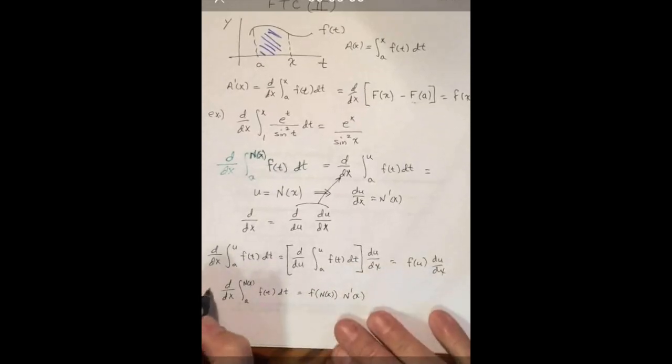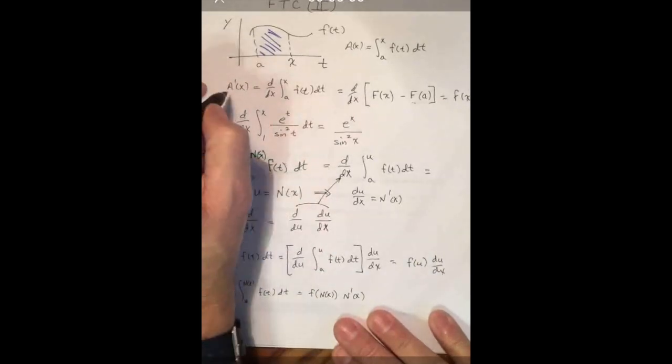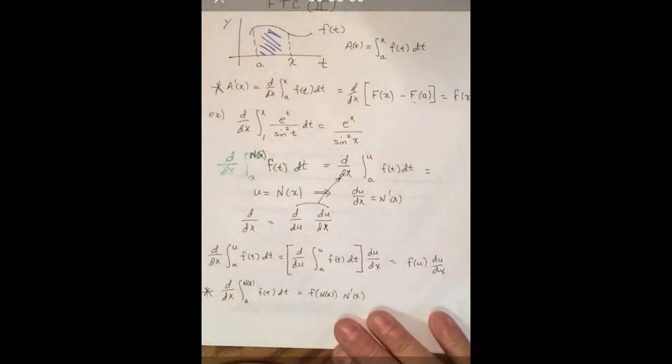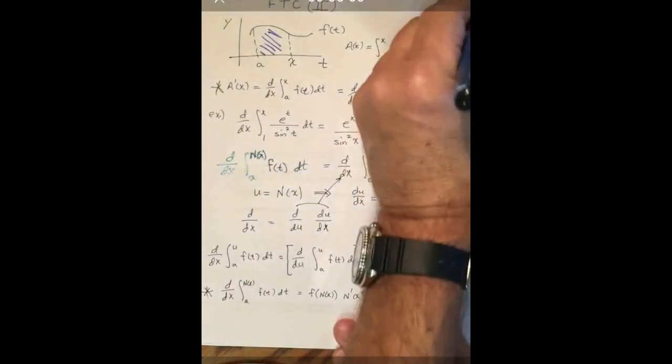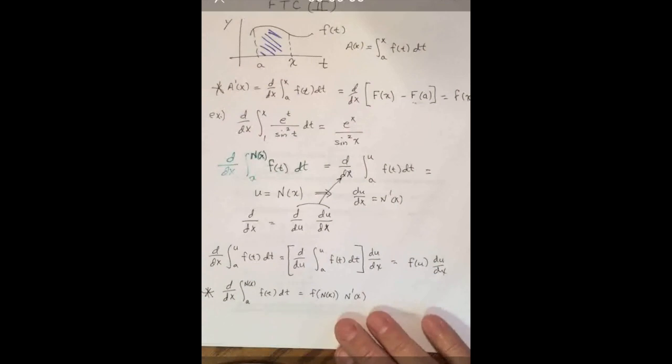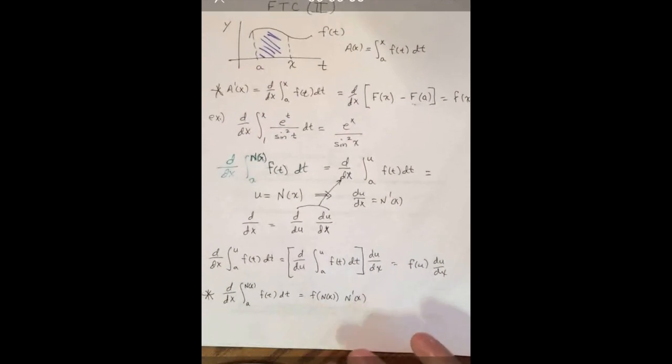Now, if you compare this, let's put a star by it, to this, it is simply a generalization of what we started with. Okay, so we'll call this page 1. So that's what we've got so far.